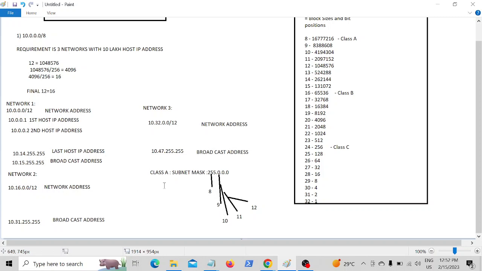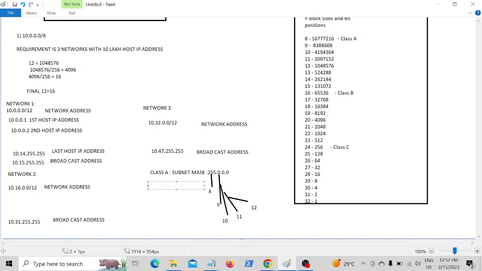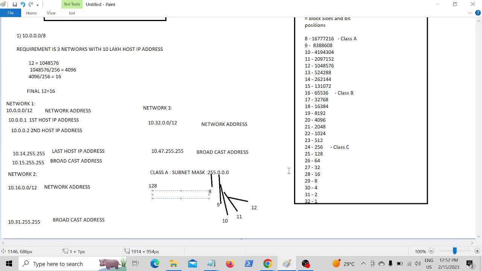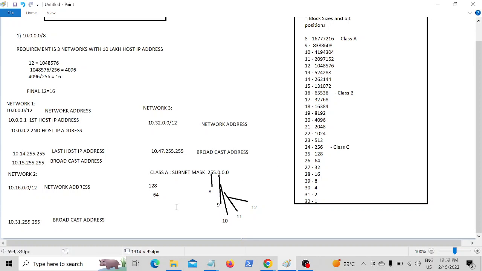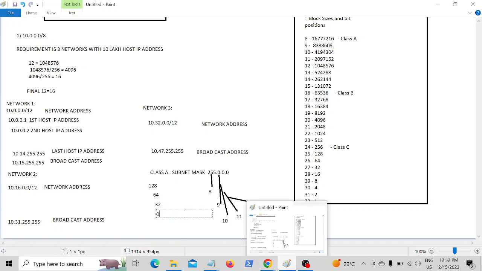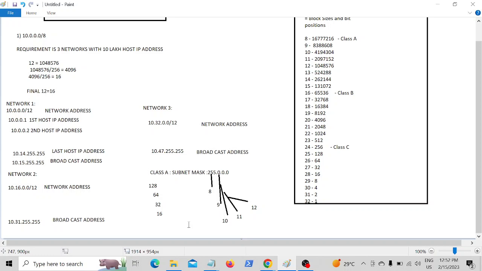For 9 we take 128, for 10 it will be 64, next 32, then 16. 4 requirements we have taken.